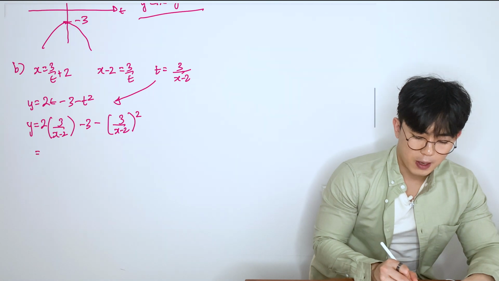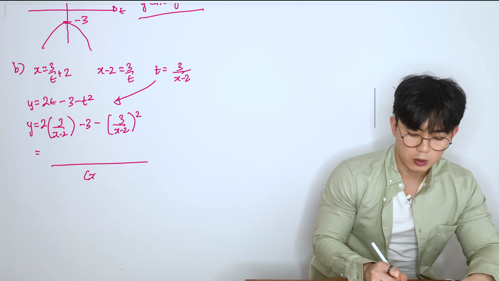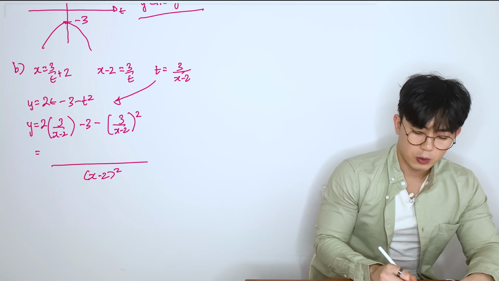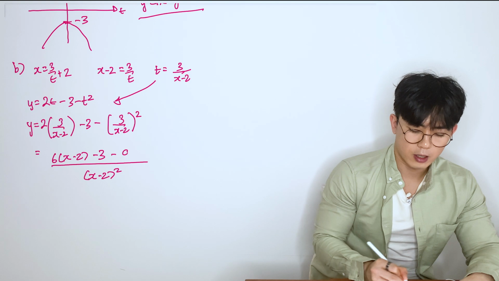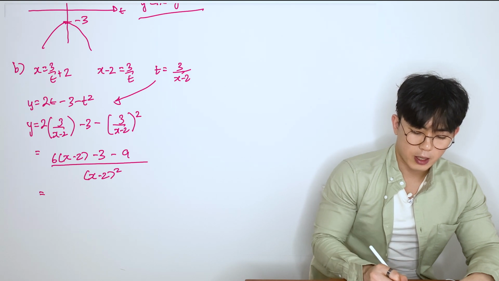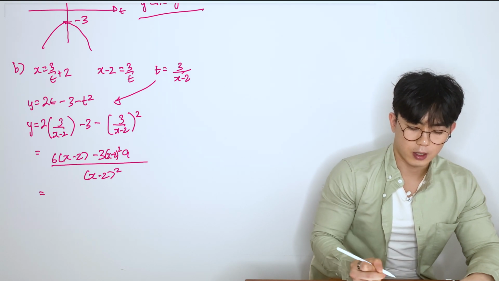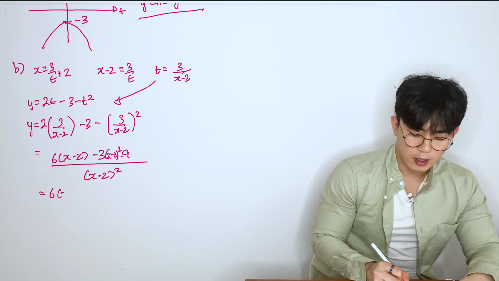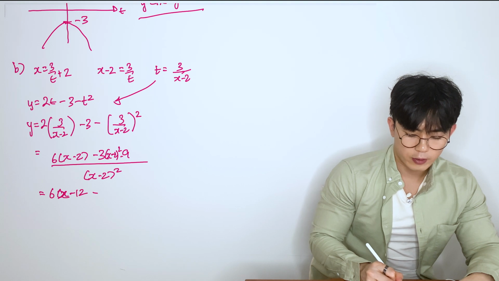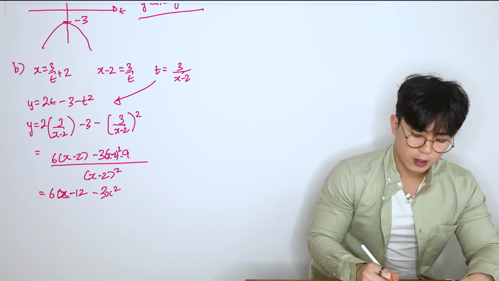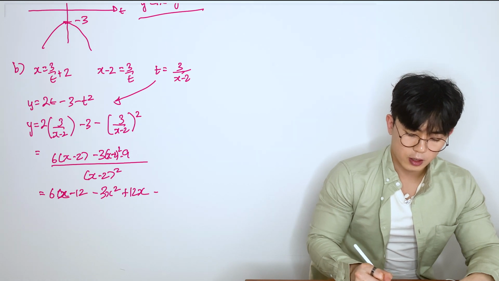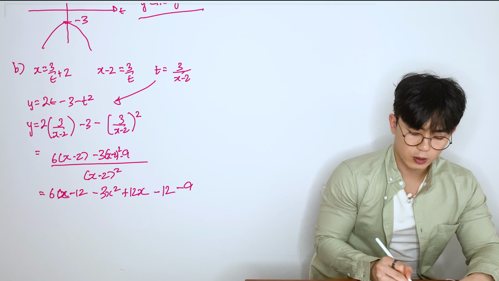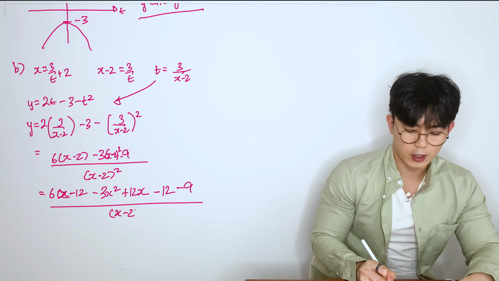So we can maybe make it into one fraction with x minus 2 squared on the denominator. We'll have 6 times x minus 2 minus 3 minus 9, we can expand, minus 3 times x minus 2 squared minus 9. We can expand 6x minus 12 minus 3x squared plus 12x, and then we'll have minus 12 minus 9 all over x minus 2 squared.